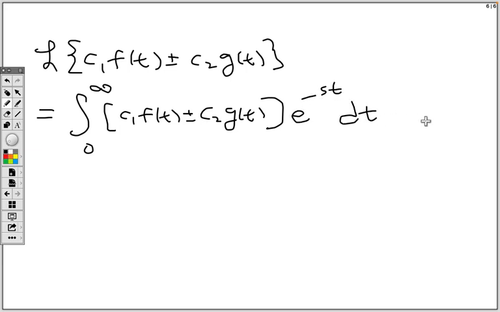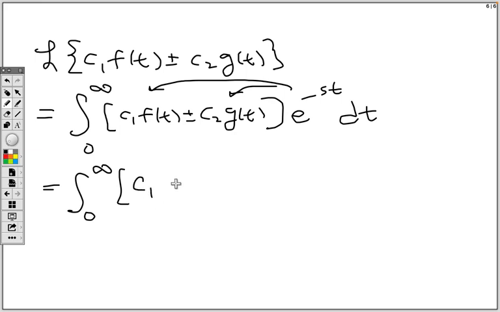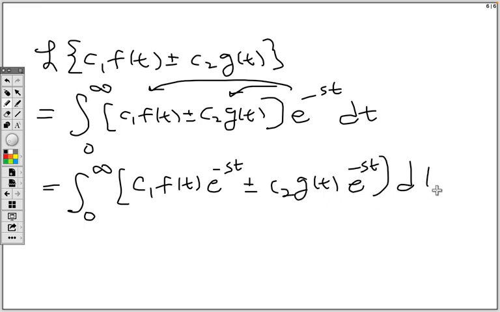That's your Laplace transform definition. And now what I can do is distribute. We just follow our noses here. I get c1 f of t e to the minus st plus or minus c2 g of t e to the minus st dt.